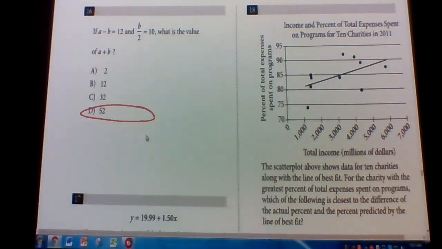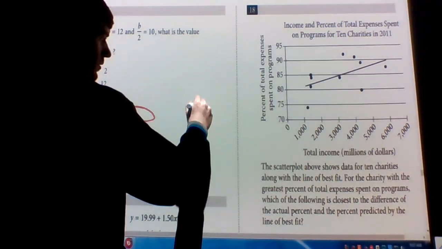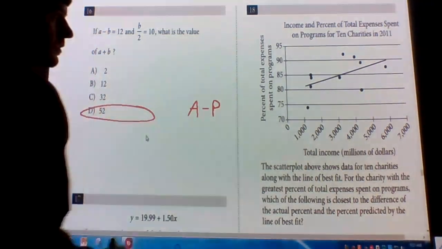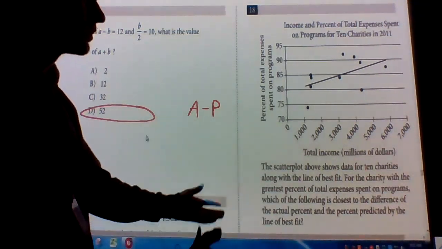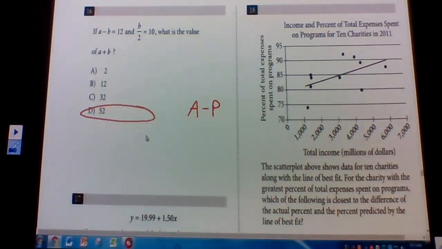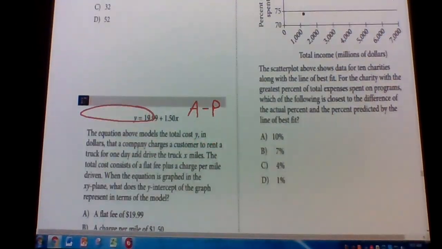So we're looking for the difference of the actual minus the predicted. So actual minus predicted. So we're basically looking for which one's closest to the line without even looking at the numbers. So they're giving us numbers? Yes, they're giving us numbers.